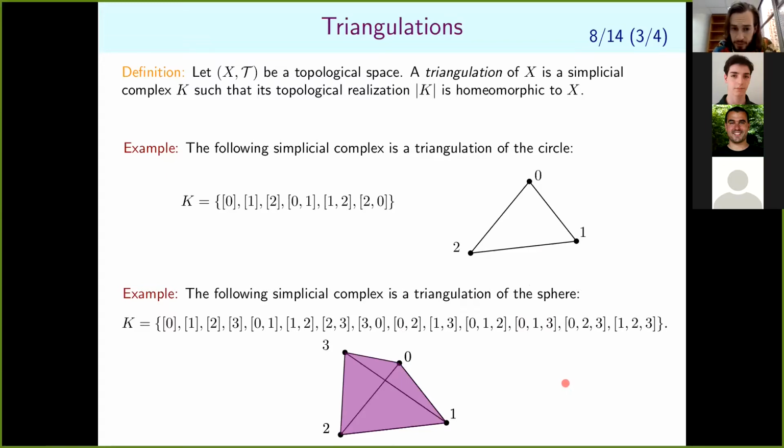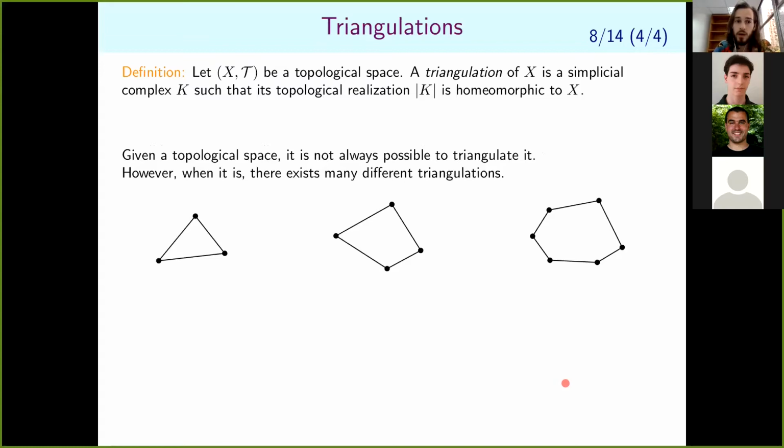A remark: not all topological spaces are triangulable. It is not possible for every topological space to find a simplicial complex that is a triangulation of it. Fortunately, most of the topological spaces we like and we study in math in low dimension are triangulable.